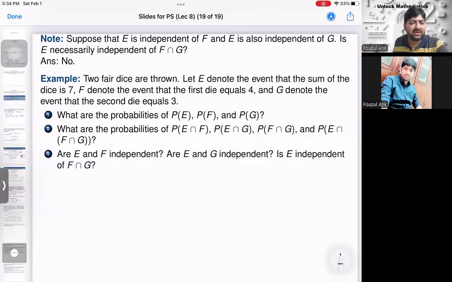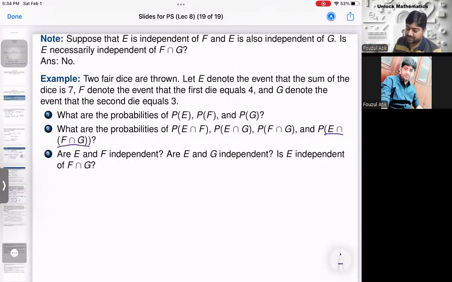Then what is the probability of E, F and G? Then what are the probabilities of E intersection F? All of their individual probabilities, along with the probability of all three intersections. And finally you have to see that E and F are independent, E and G are independent, and whether E is independent of F intersection G.